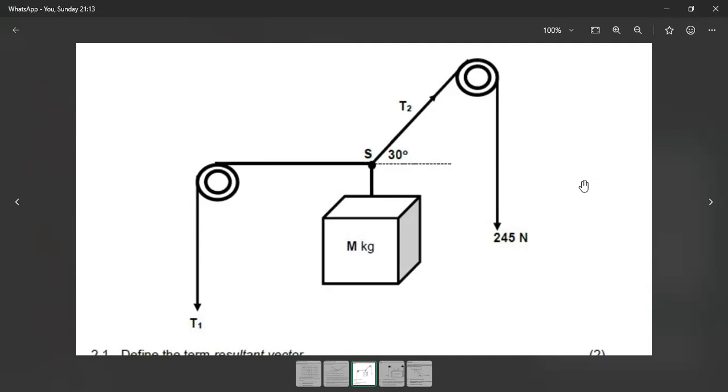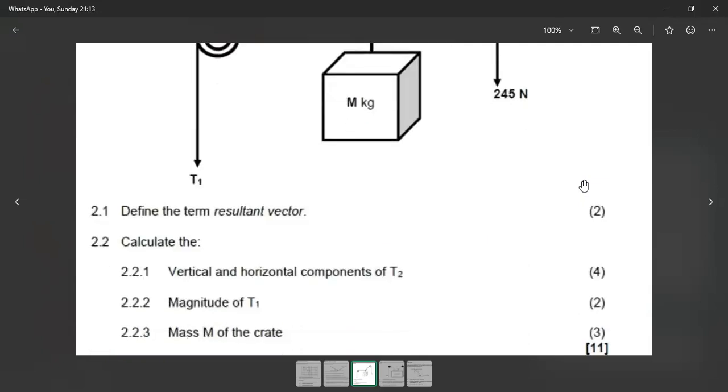How do we know we have the gravitational force? It's because this crate has mass. Any object that has mass has weight, or it experiences the gravitational force. Awesome. So let's look at the first question. It says, define the term resultant vector.